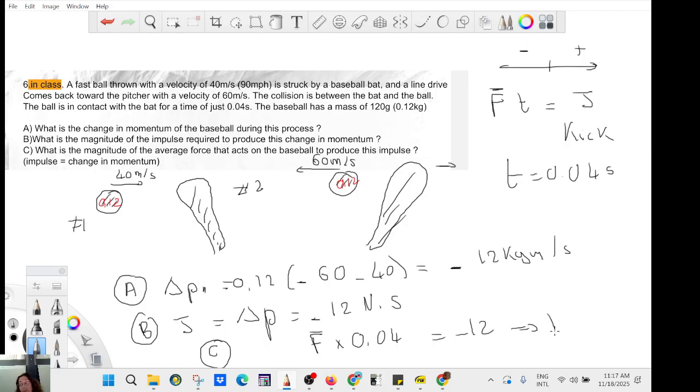So the force will be, yeah, very good, 300 Newton. So that's the kick this way, to the left. But that means that the bat is also experiencing the same kick.